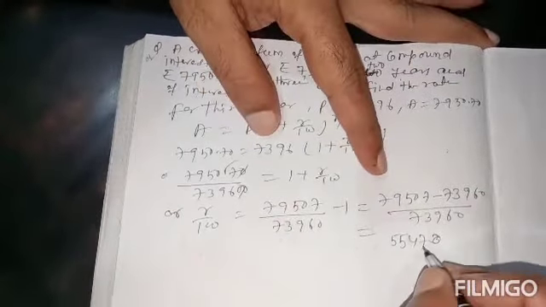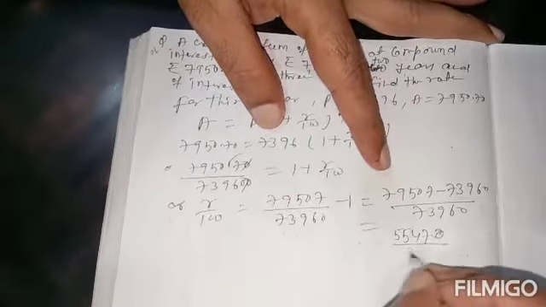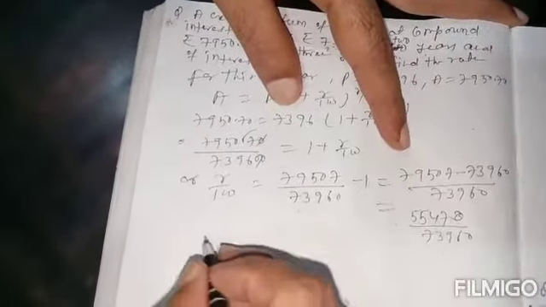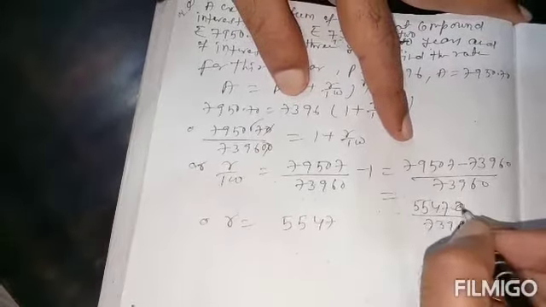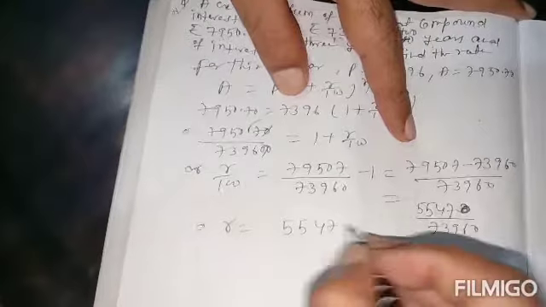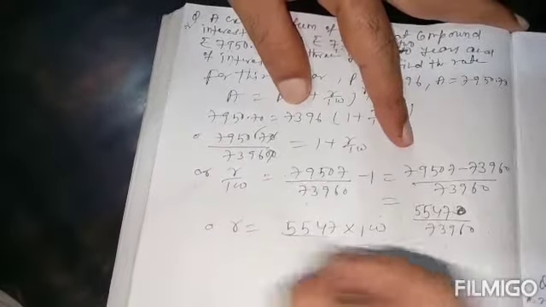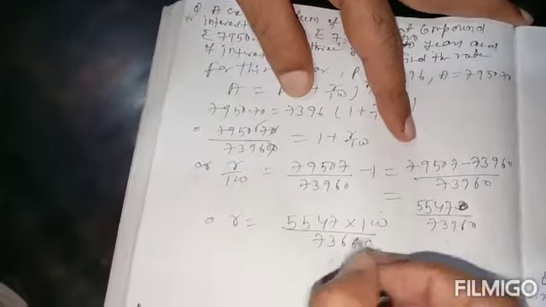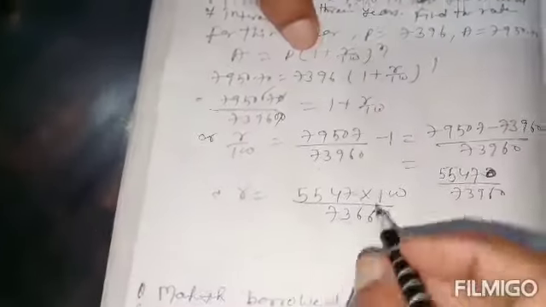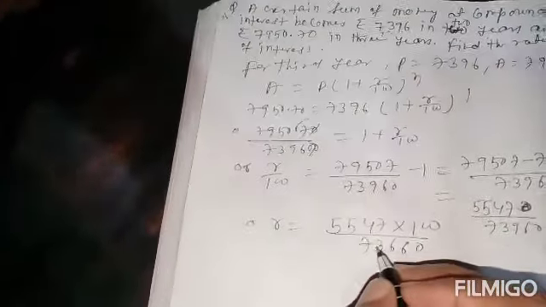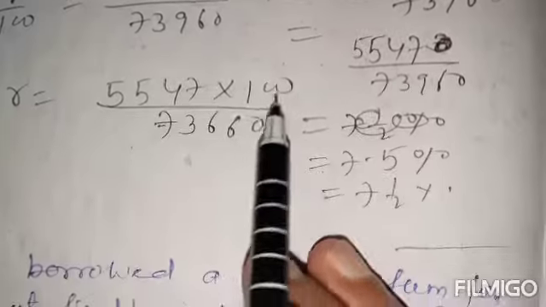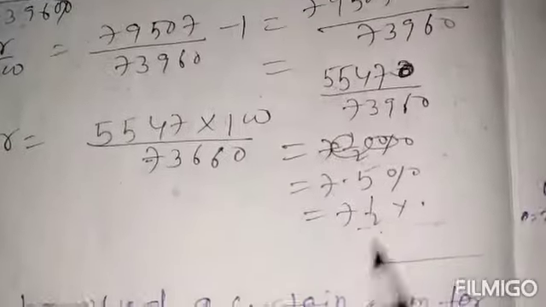So 5547 by 73960. So R is equal to 5547 into 100 by 7396, which is 7.5%, means 7 1 by 2%.